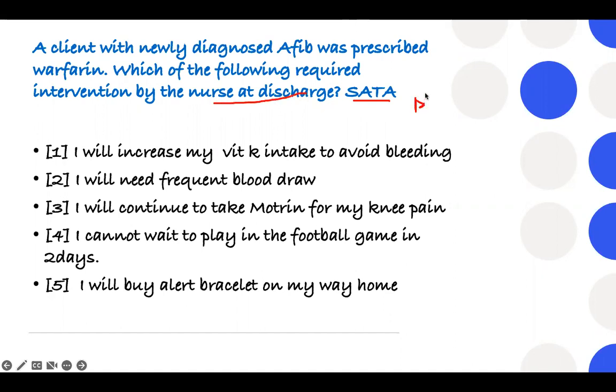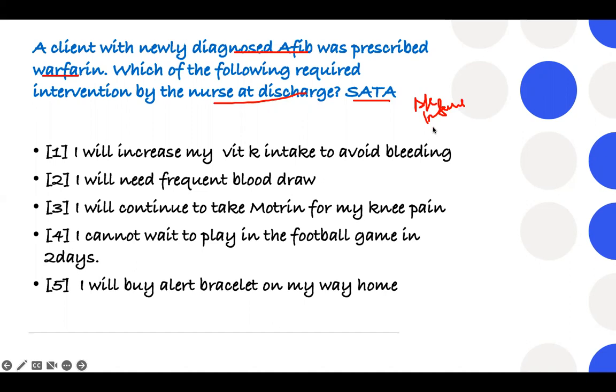So a patient is going to be discharged and needs intervention. I have to intervene if they say or do something I don't like. What is the case? A client with newly diagnosed AFib was prescribed warfarin. Which of the following require intervention? So I have that situation.